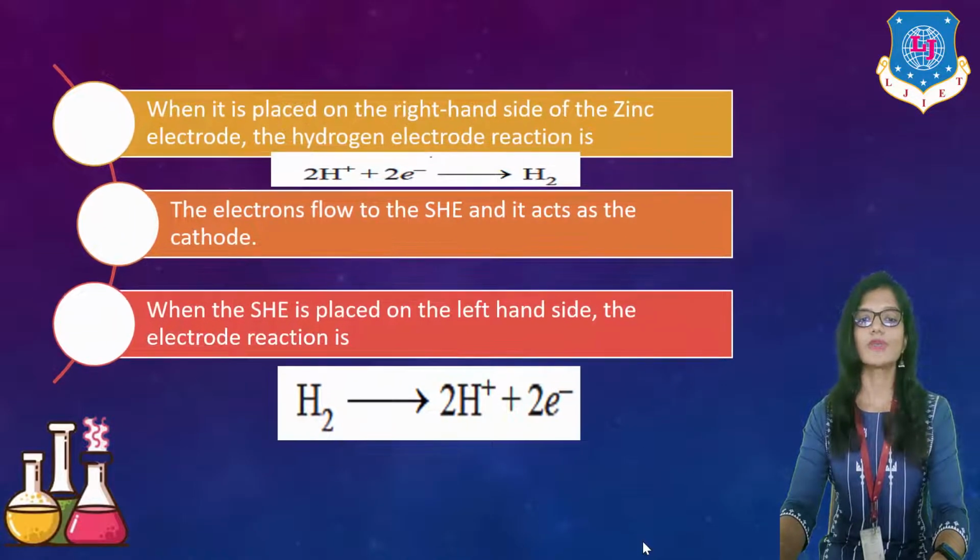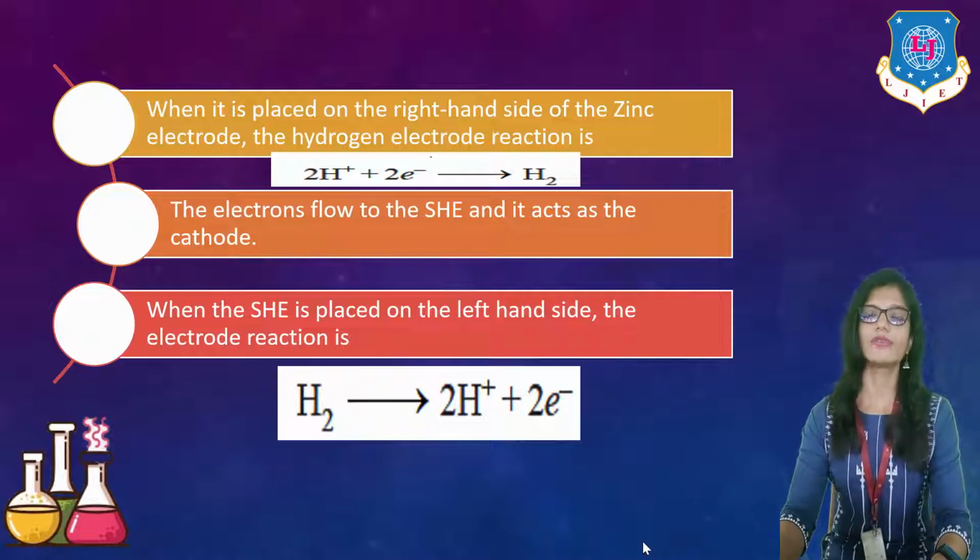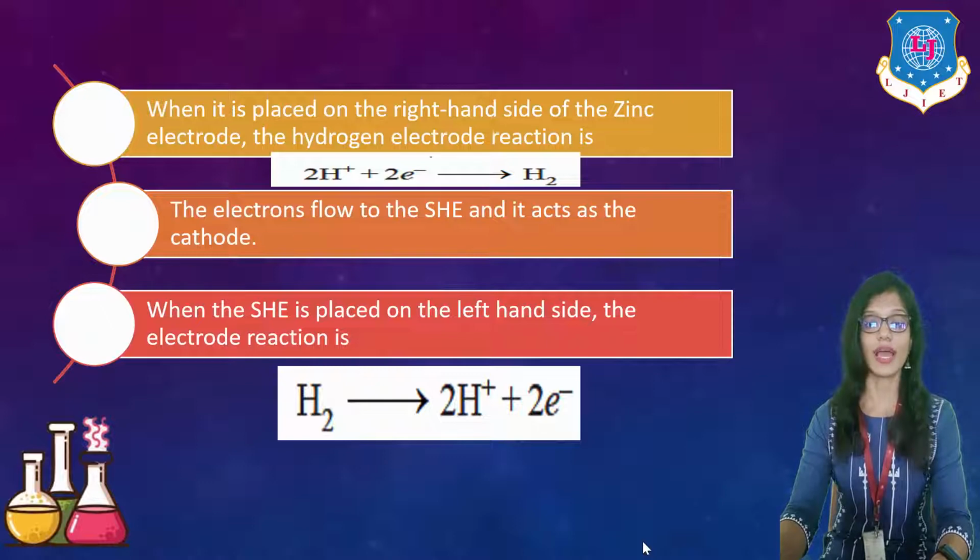When the SHE is placed on the right hand side of the zinc electrode, the hydrogen electrode reaction is 2H+ plus 2 electrons gives H2. The electrons flow to the SHE and it acts as the cathode. When the SHE is placed on the left hand side, the electrode reaction is H2 gives 2H+ plus 2 electrons.